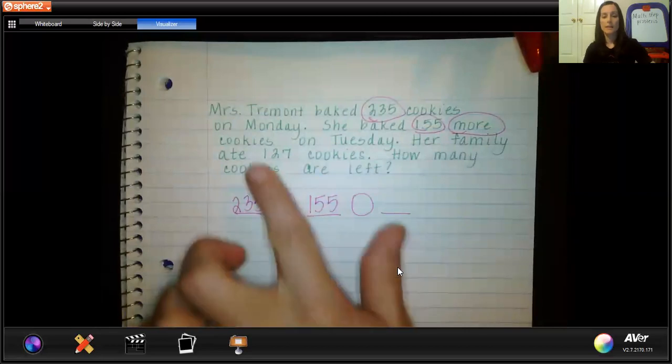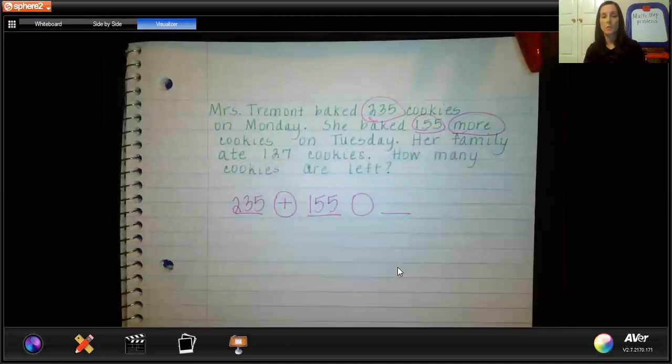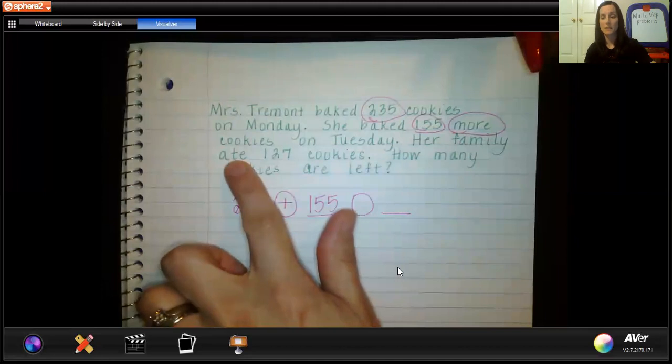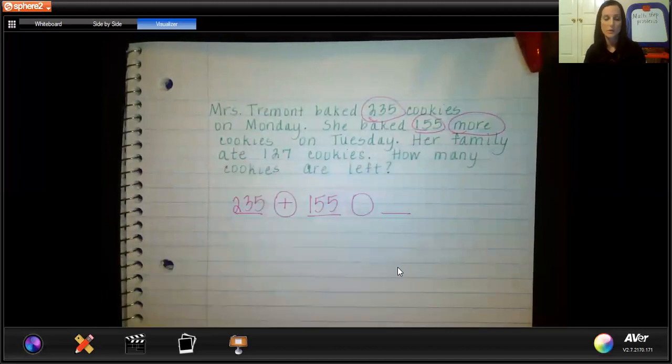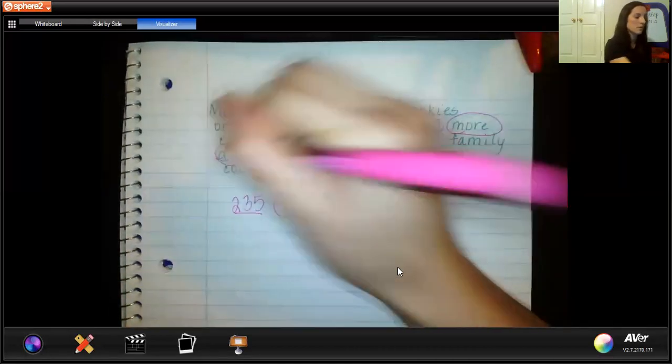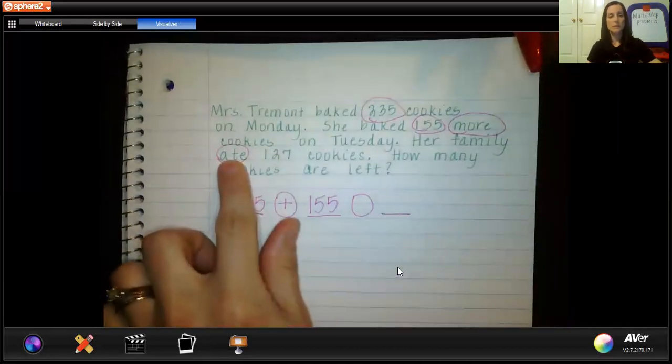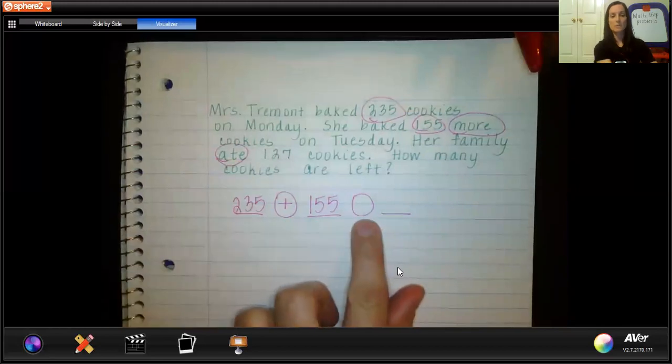And then now that I have my 155 more, but look, my family ate 127 cookies. They were very hungry. Okay, and if they ate those cookies, they are no longer there. So that means that we are going to subtract. That's telling us we're subtracting because I no longer have those cookies. So that is my second step.